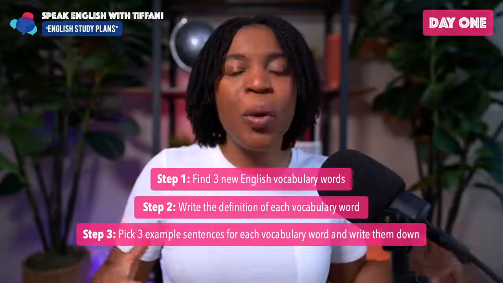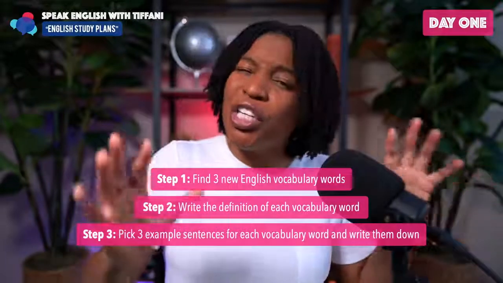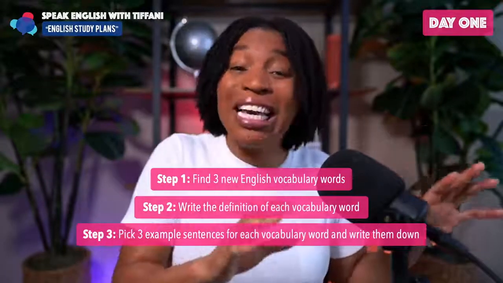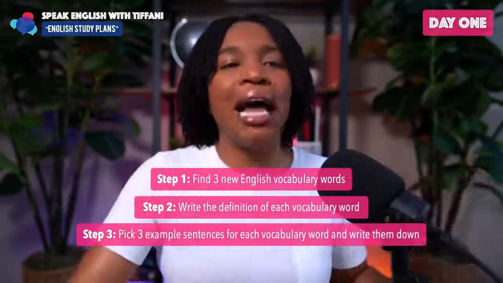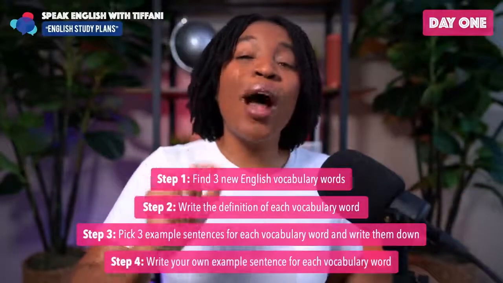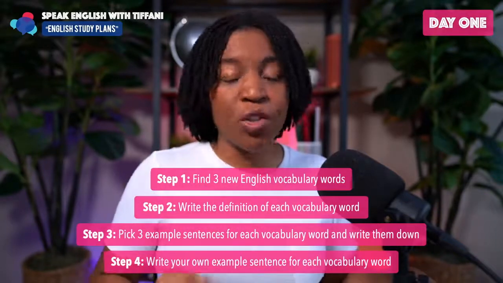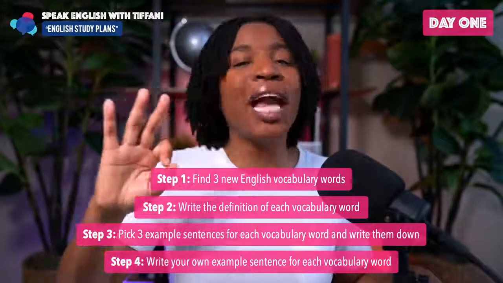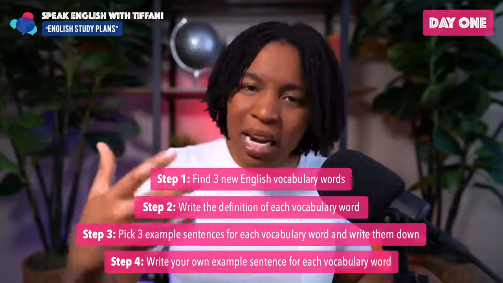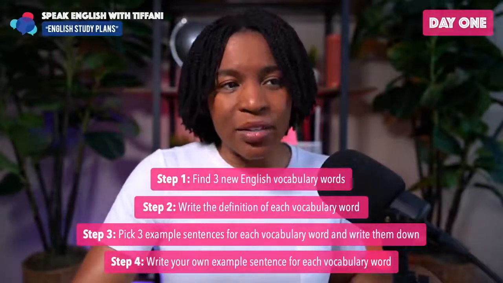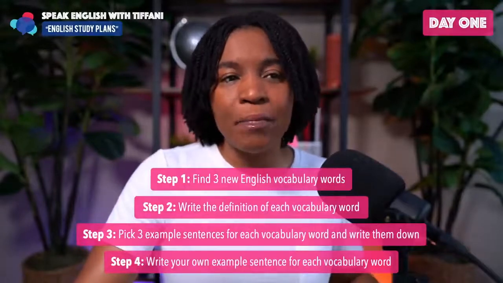You want to make sure you have real examples so that you can be aware of how native English speakers use each word in real life. And finally, write your own example sentence for each vocabulary word. So again, you're focusing on 3 new vocabulary words, finding the meaning, example sentences, and then making your own sentence. This is how you study on day number 1.